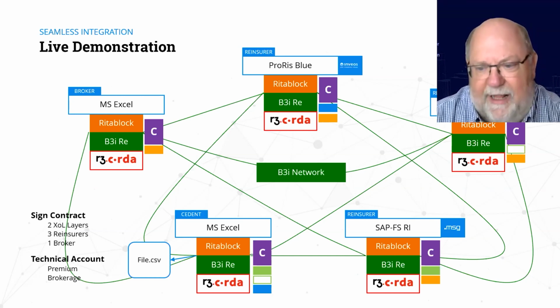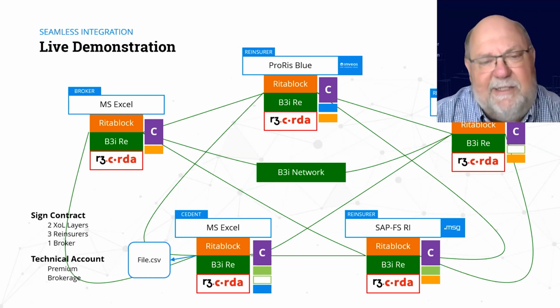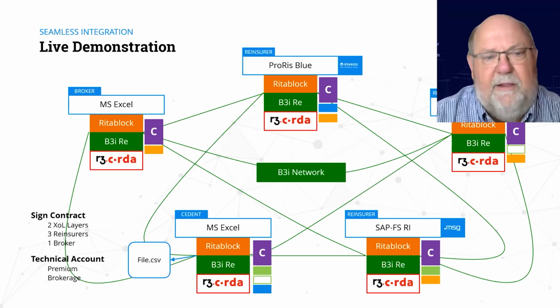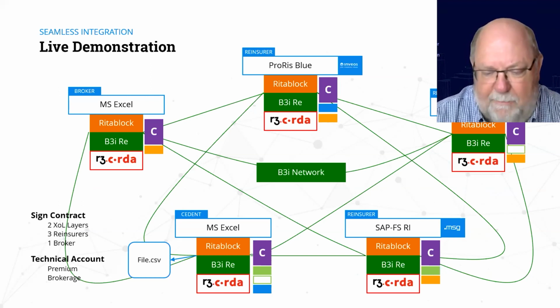So you can already cover quite a lot of existing reinsurance systems. And if this is not installed at your company, we can from Ritablock transfer everything with a CSV file to Excel. So at the end, we will show you what Ritablock embedded means for all these mentioned systems.